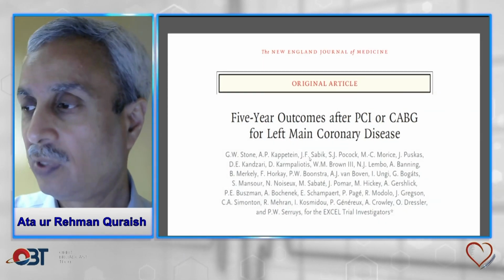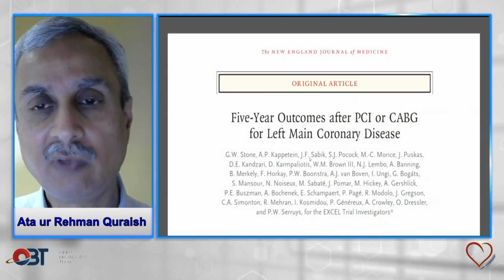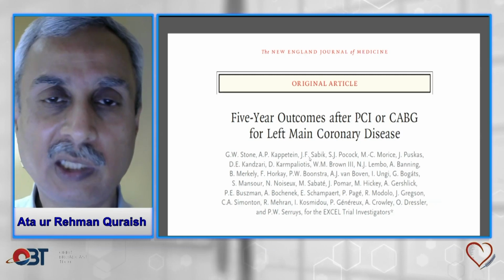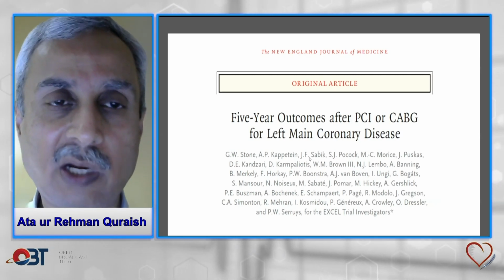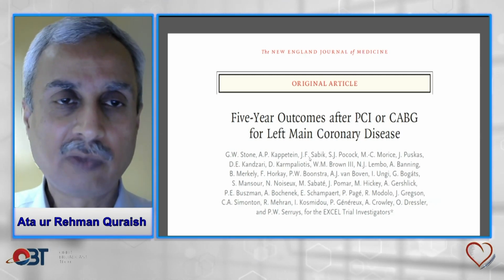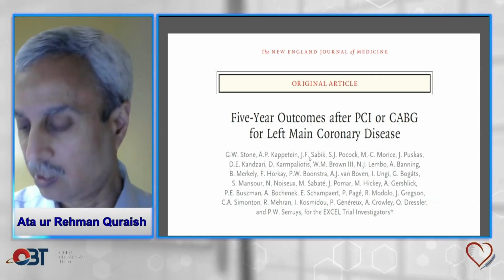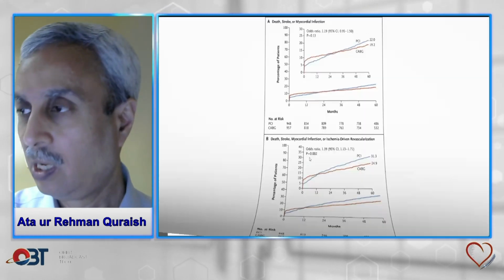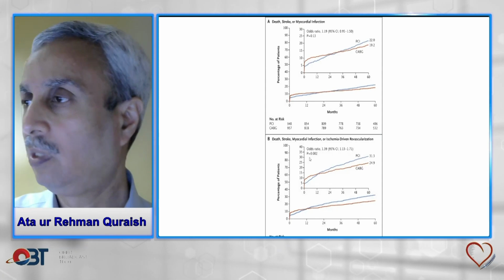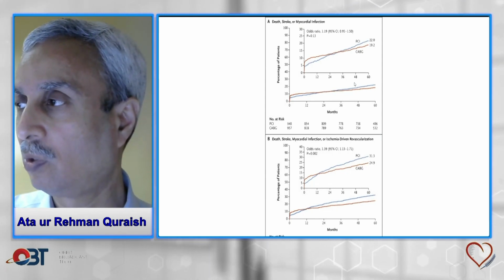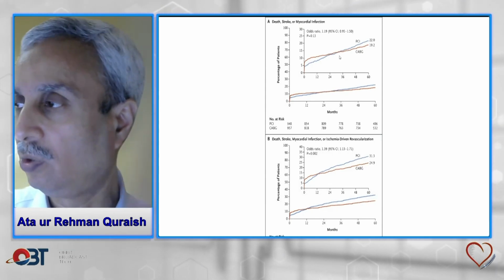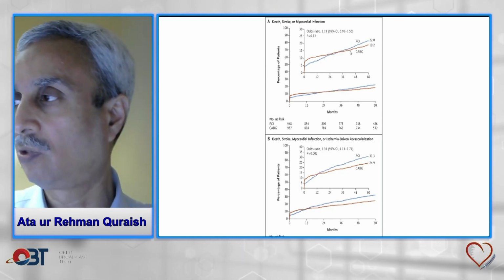EXCEL, there was a lot of controversy about the EXCEL study. When it was initially published, the first 2-year data suggested PCI had significantly better outcome. There was controversy about how the MI was calculated in this study. But if you look at the composite endpoint of death, myocardial infarction, stroke, at 2 years or 2.5 years, the lines crossed.